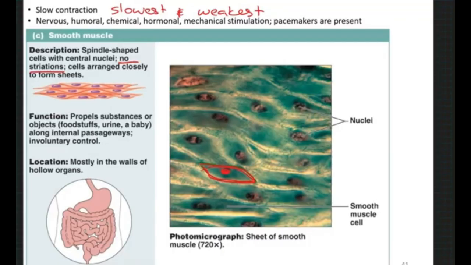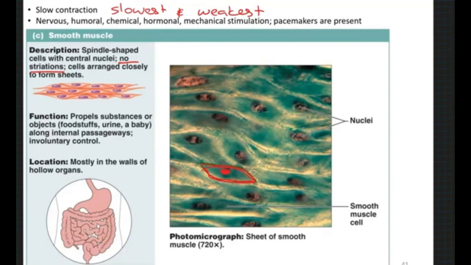So where is it found? It's found in the organs that you need to make narrower or wider. Without looking, give me examples of such organs. They have whole organs, but give me examples. Stomach, the entire thing.